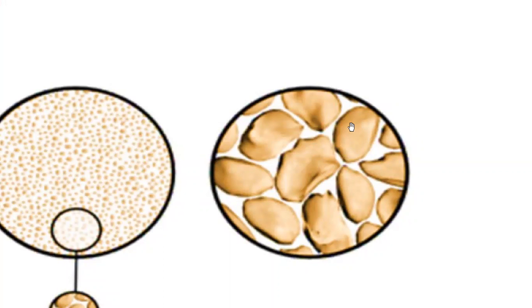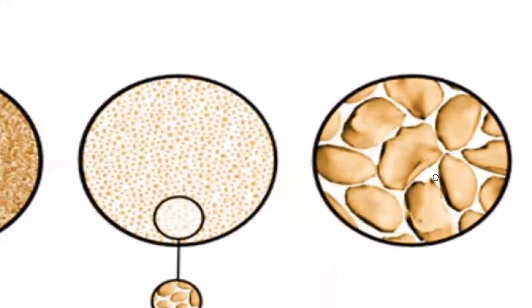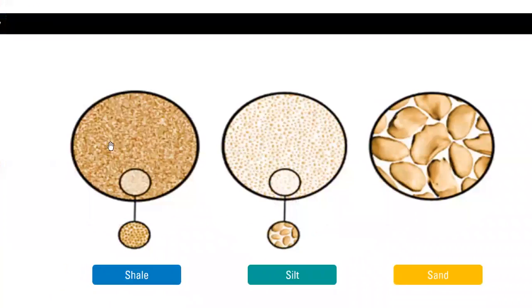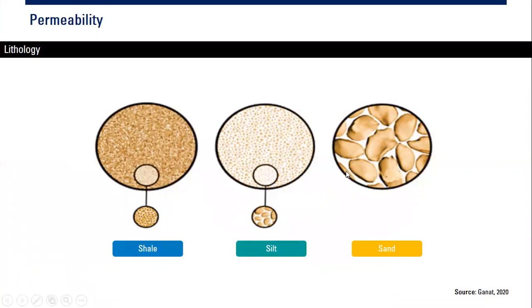And we have many channels here. But here it is very tight. The channel, the space that enables the rock to flow fluid, is very, very small. So shale will have very low permeability, but sandstone can have high permeability.